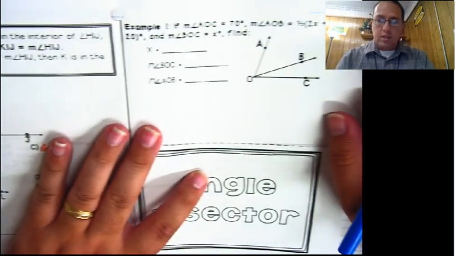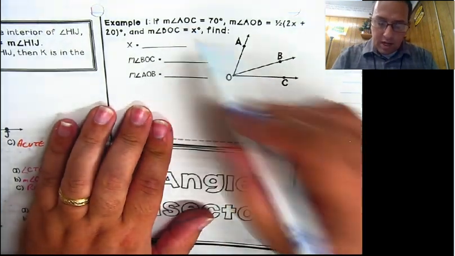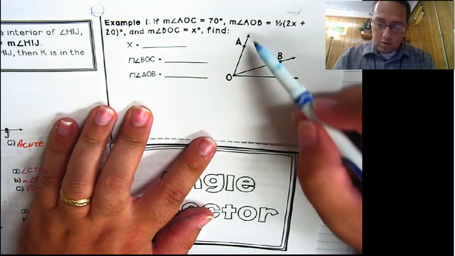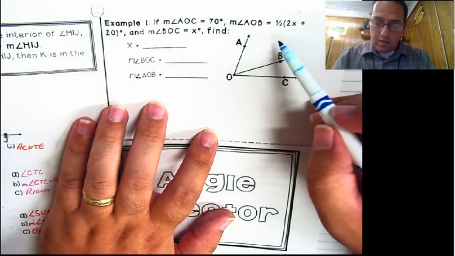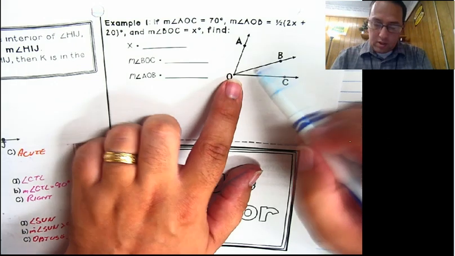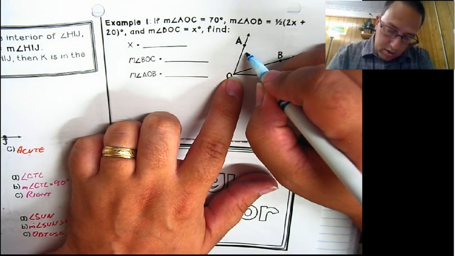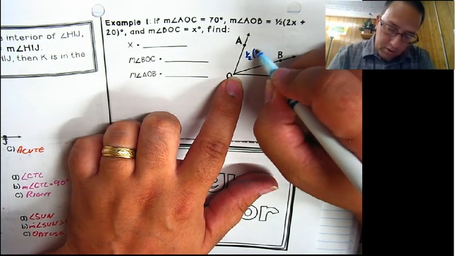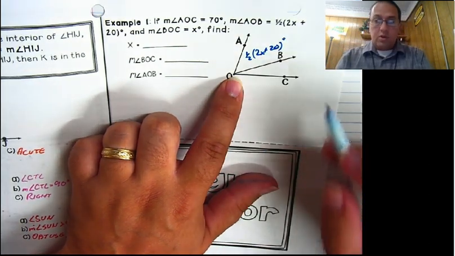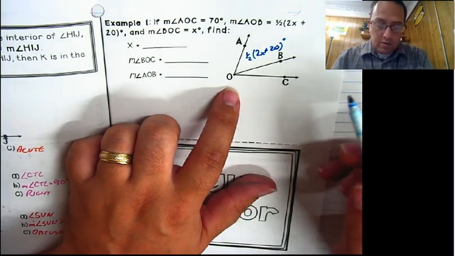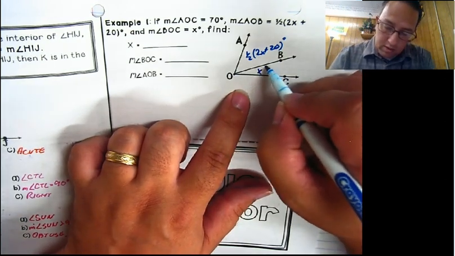Okay, so let's take a look at an example because it makes more sense when we have examples. If the measure of angle AOC equals 70, so the whole big thing is 70, and the measure of angle AOB, this little piece, is 1/2 times (2x plus 20) degrees, and the measure of angle BOC, this little angle, is x degrees.